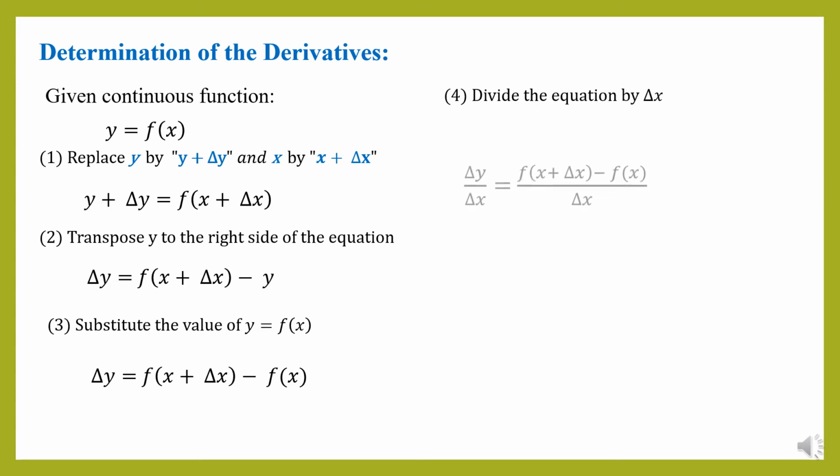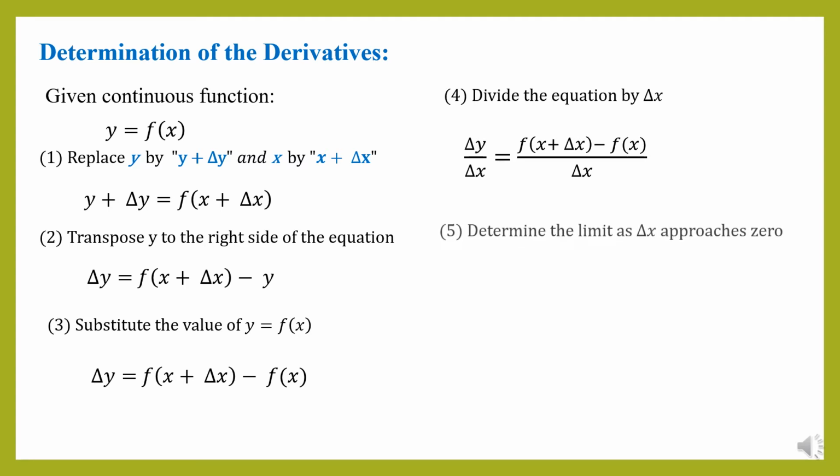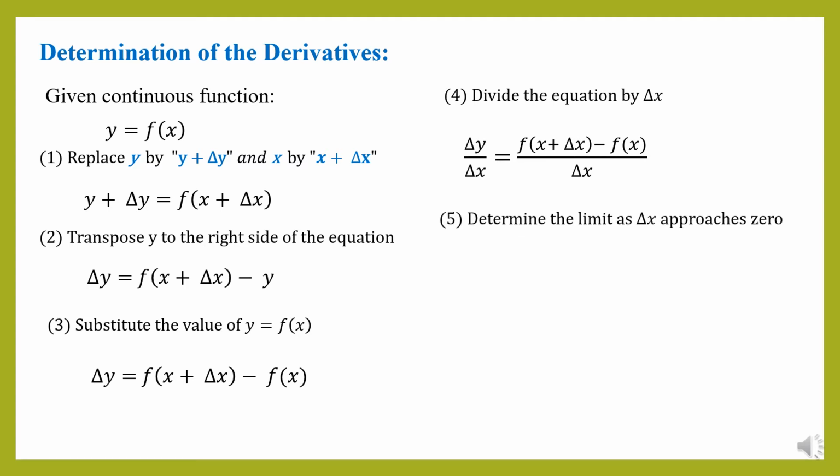So therefore, we now have the increment of y all over increment of x is equal to f(x plus increment of x) minus f(x), divided by increment of x. And the fifth step is to determine the limit as increment of x approaches 0.